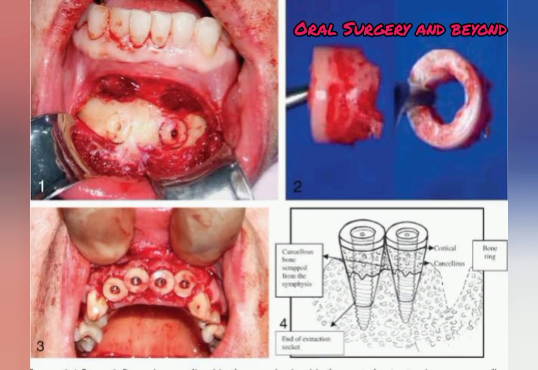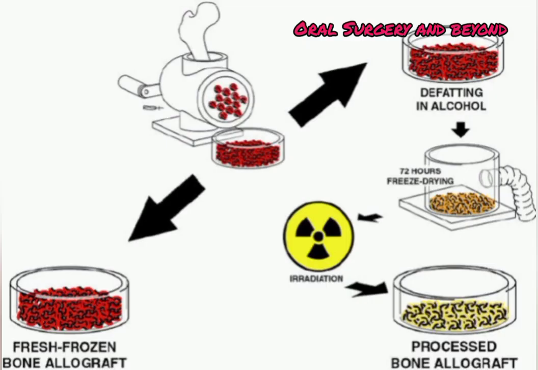Here, a ring autologous bone graft is harvested from the anterior symphysis menti region of the mandible. Specific kinds of trephine drills are used for harvesting such a ring bone graft. Then it is placed at the maxillary site where we are placing the implants.